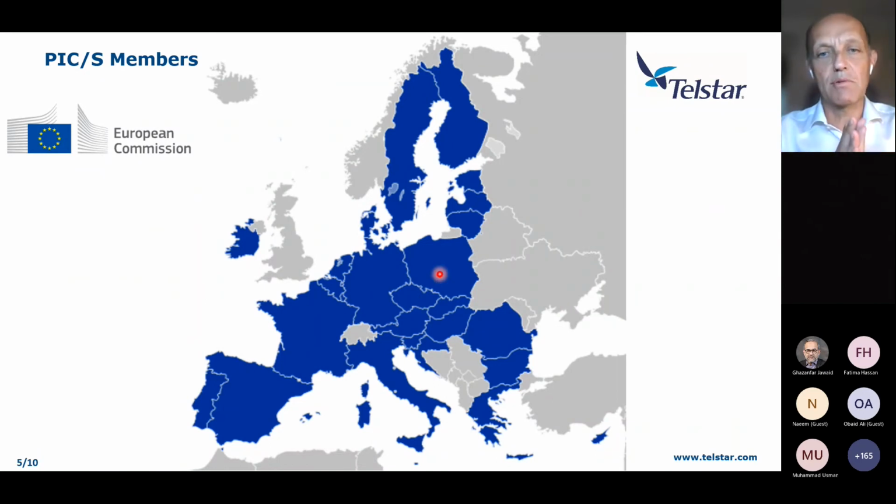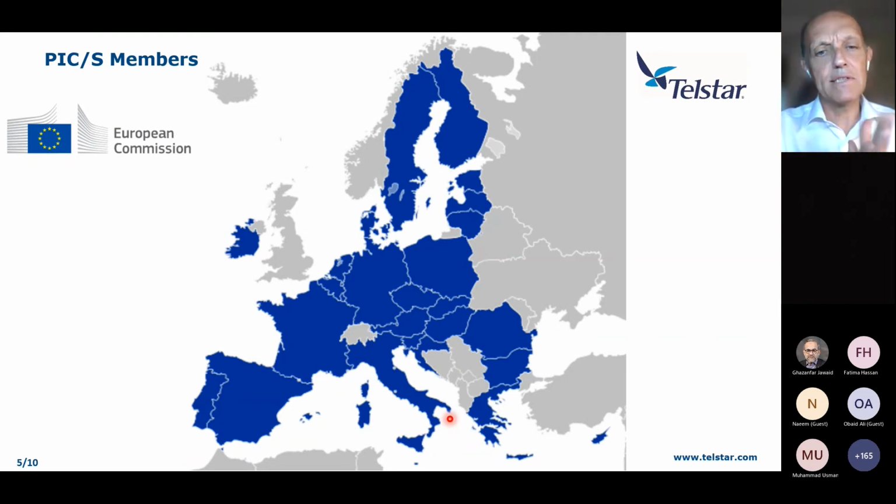This mutual recognition agreement is a very useful tool, because you don't have to be audited by every single country in Europe. Only one auditor, normally the local auditor, is enough to cover the whole of Europe. And the same applies to many other PICS members.